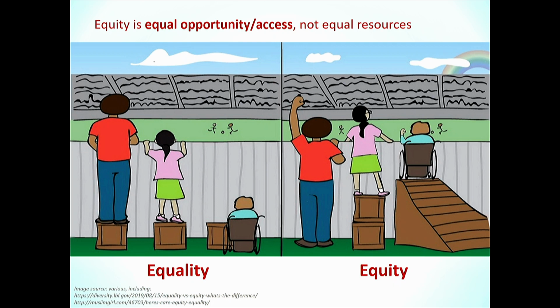So on the left, we have equality, where everybody gets the same bench to stand on. On the right, we have equity, where actually people get equal access or equal opportunity to do what they're seeking to do. So this is sort of the framework in which I propose we should think in the back of our heads about whatever transformative change connected to projects like the gender gap should be framed in.